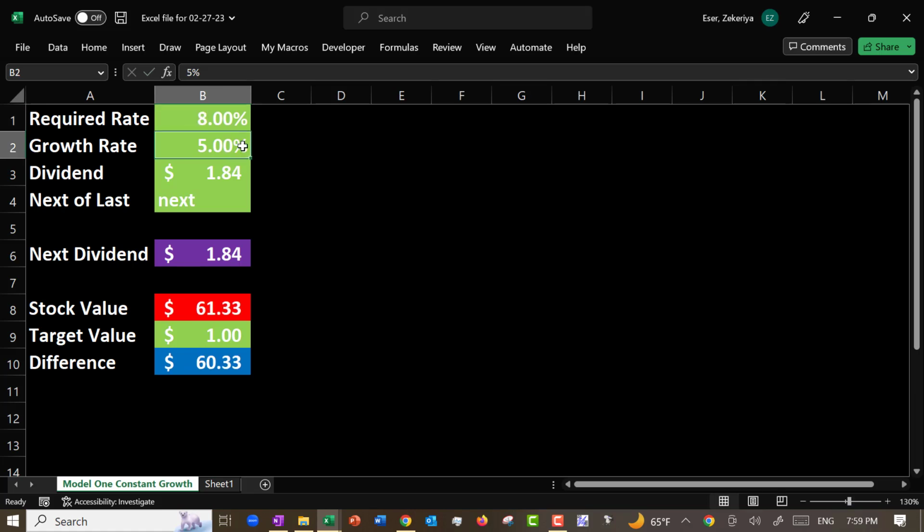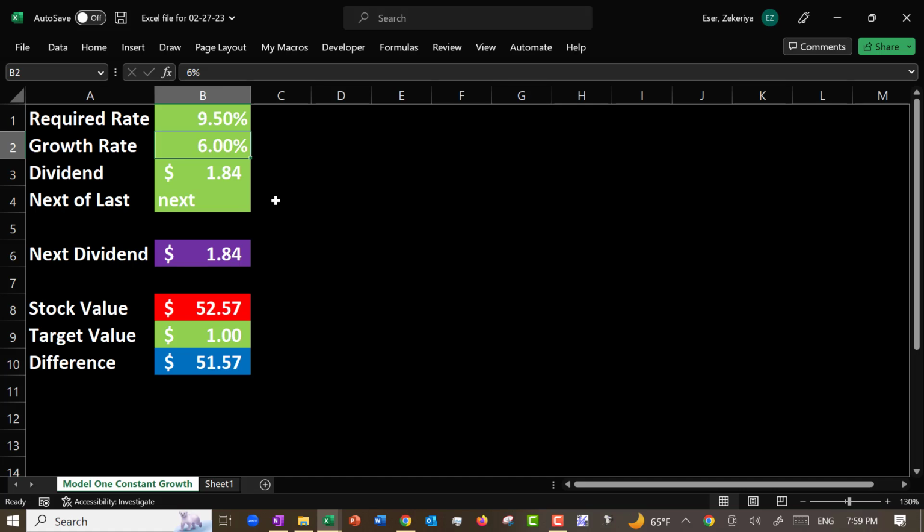We can ask different questions. What would be the required rate if the price is 59.82? If I can take the growth rate number seriously, at what required rate would I get the current price, the target value?